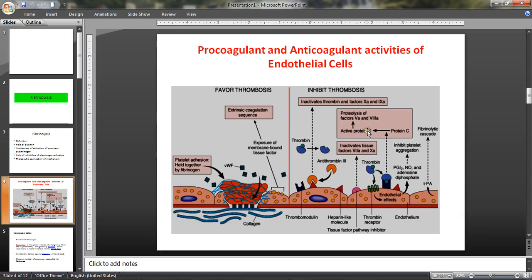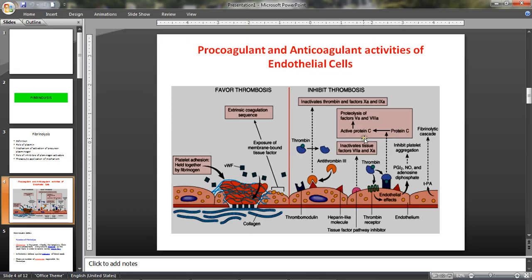There is yet another mechanism over here, that the thrombin by itself activates the process of fibrinolysis. And how does it do it? It binds to the endothelial cells, to the thrombin receptors on the surface of the endothelial cells, and it activates protein C and protein S also.